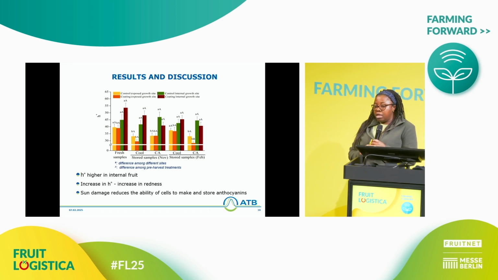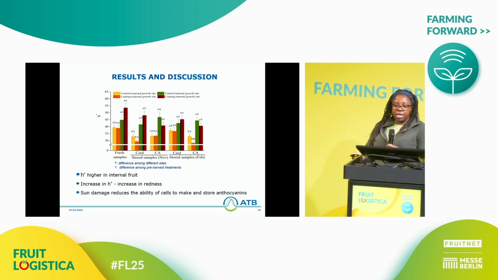I think in my introduction I mentioned already that in fruit exposed to high temperature and excess sunlight, the accumulation of anthocyanins is impaired. So that's evidence in this study, because you can see here, all the internal fruit have higher anthocyanin content compared to fruit that were exposed to the sun.